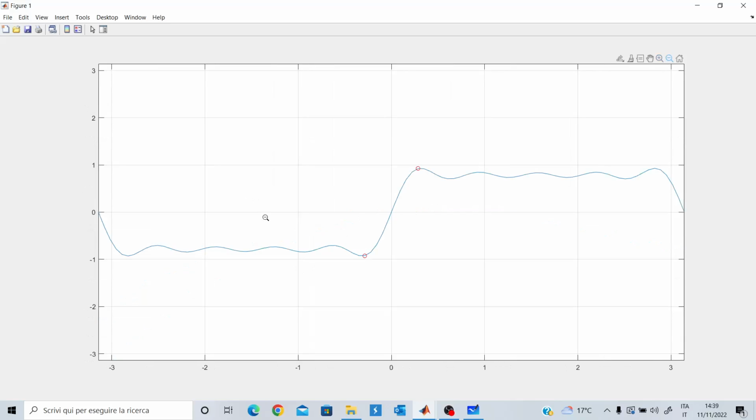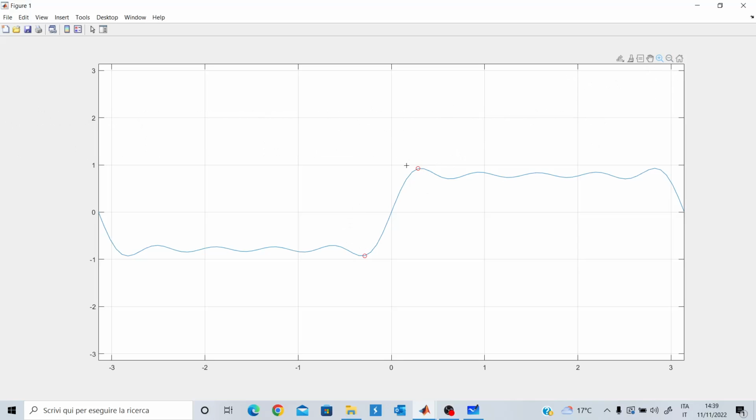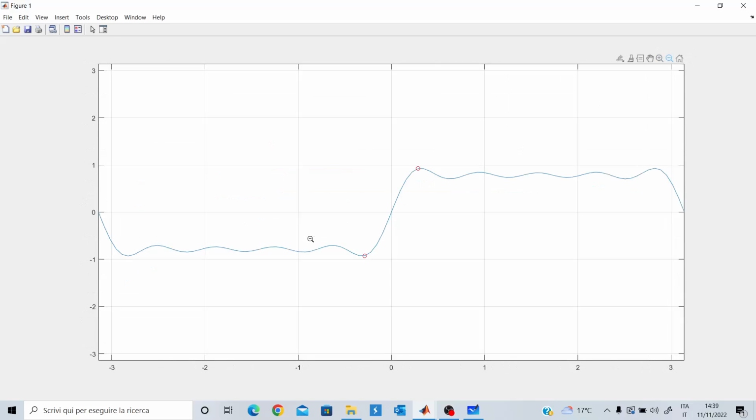So the maximum that I have near x equal to 0. We know that the theoretical overshoot in general should be very, very close to x equal to 0. So in this case, I didn't plot it here because otherwise I could not make a comparison between the maximum of the function and the theoretical overshoot.